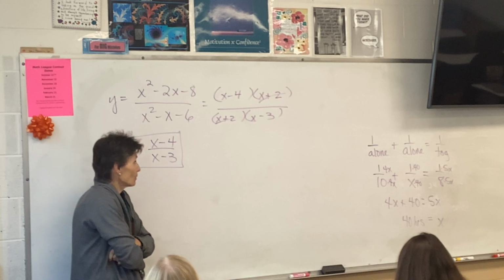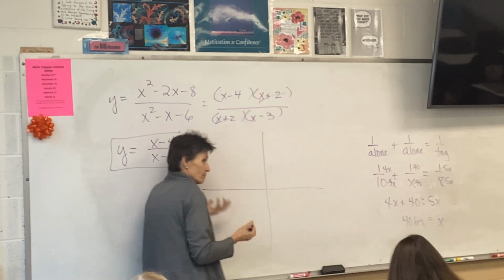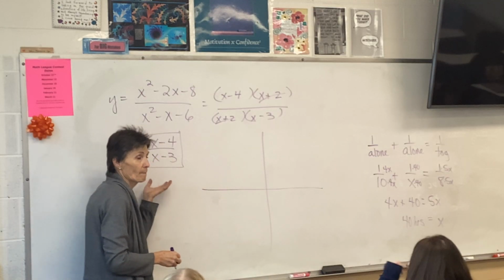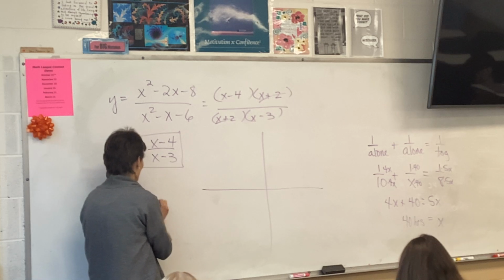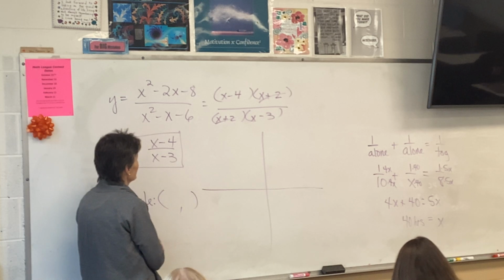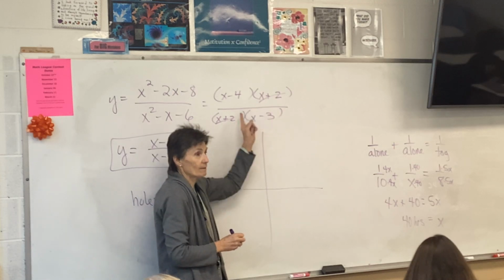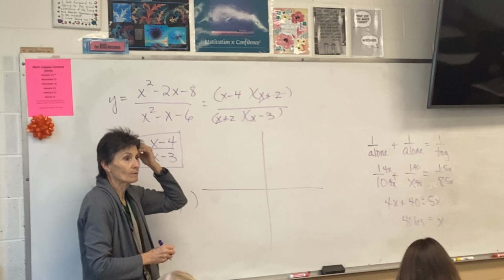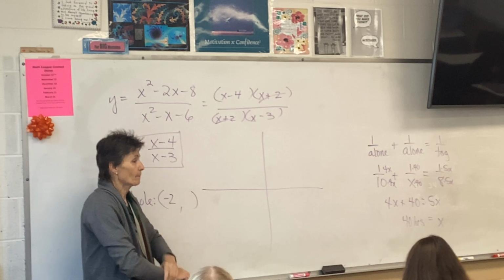Okay, so what can you tell me about that guy? There's a hole, and the hole will be a point, and it will be the point where x is -2, because that's what I crossed out. How do I find the y part?